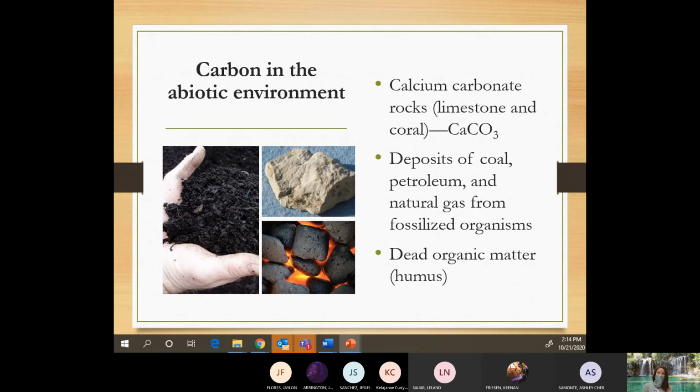But that's like your seashells, things like that get ground down, creating limestone. You also have your deposits of coal, petroleum, and natural gas from fossilized organisms, which you do have here, and then dead organic matter, so that humus layer of your soil. That's where it heavily is in the abiotic environment.